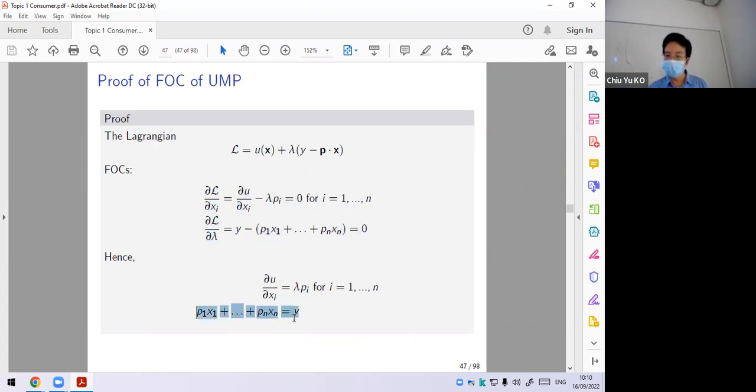So you solve it out, then it basically gives you the idea of this. This is Walras' law, actually coming from the monotonic preference as well. And this is marginal utility for one good is equal to the price times lambda. That's why people interpret lambda as what we call the marginal utility of wealth, actually coming from what we call the envelope theorem.